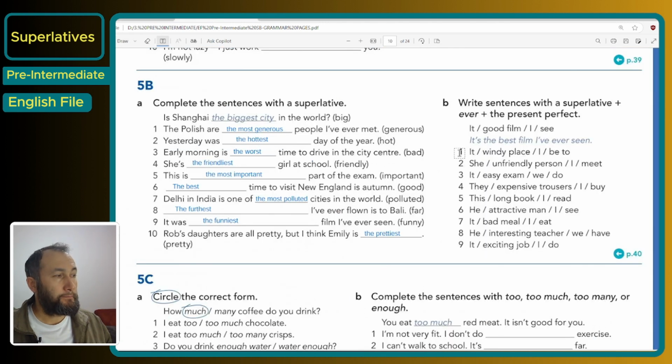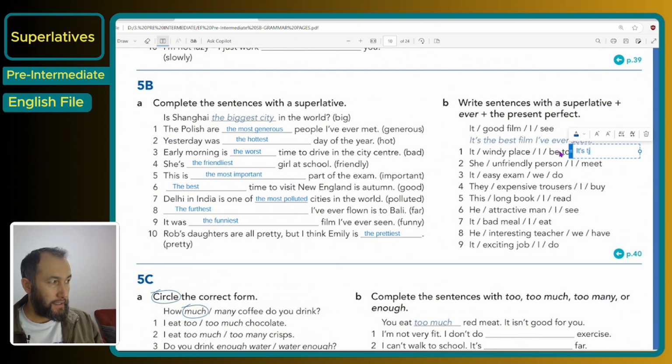The first one, the example is here. It, good film I see. So it's the best film I've ever seen. Number 1. It, windy place I be to. So windy, we're going to change to superlative. So it's the windiest. It's the windiest, right? Place.